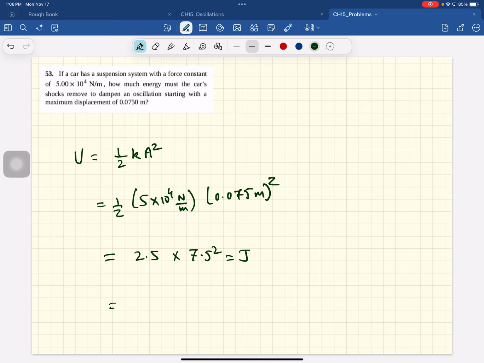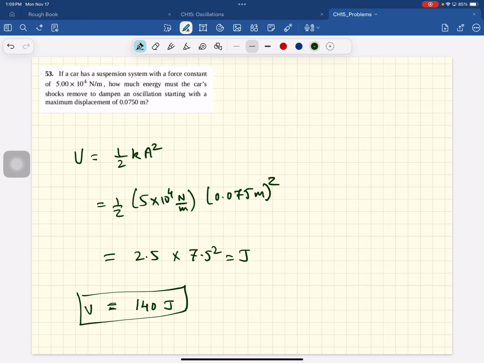So that's how much energy you have to remove, about 140 joules.